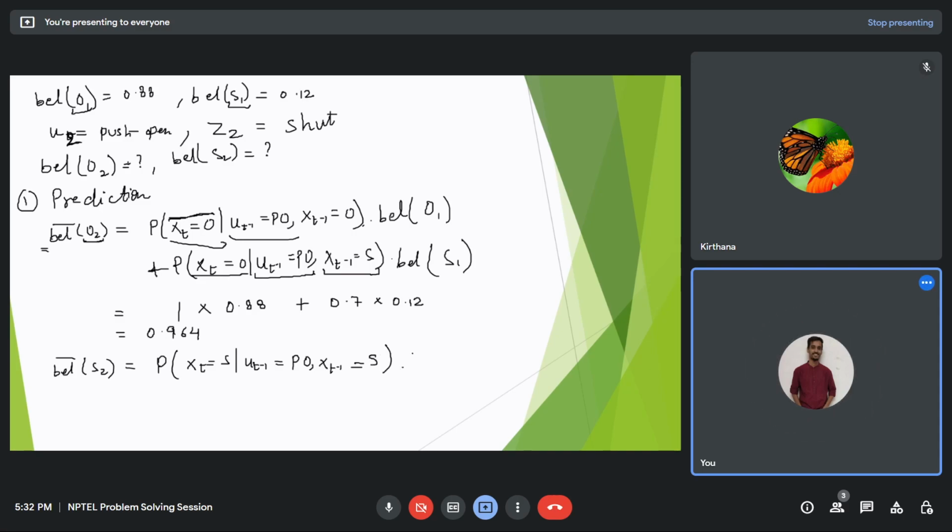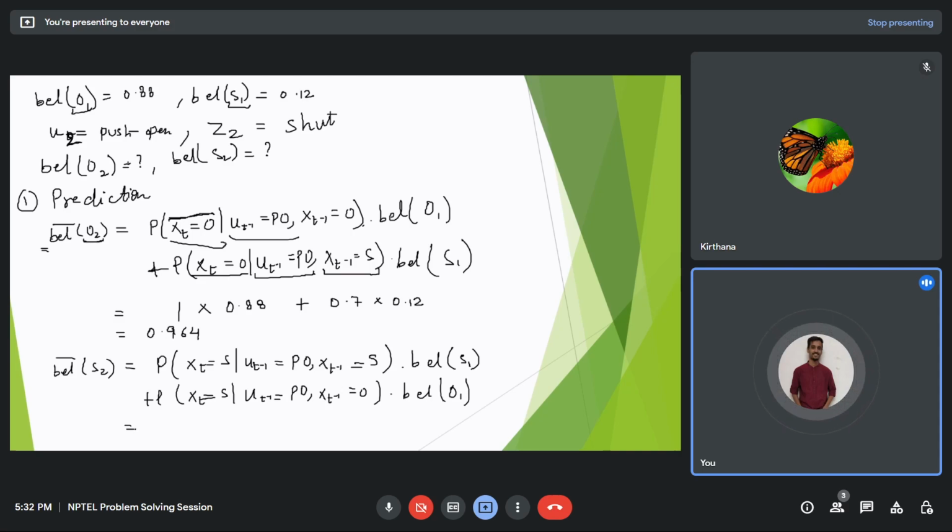So I will take the belief that it was shut, plus the probability that it is now shut even if you had pushed to open, given that it was open before, times the belief that it was open before.